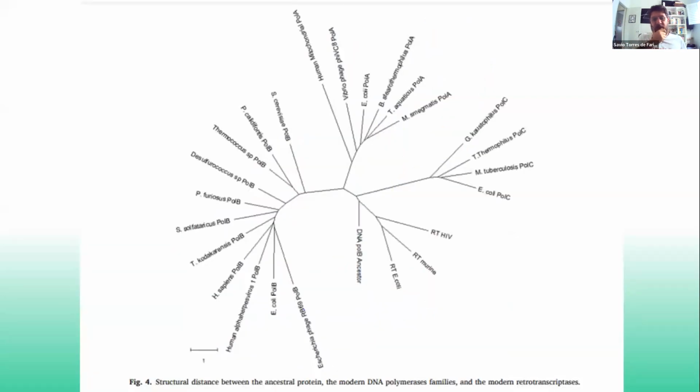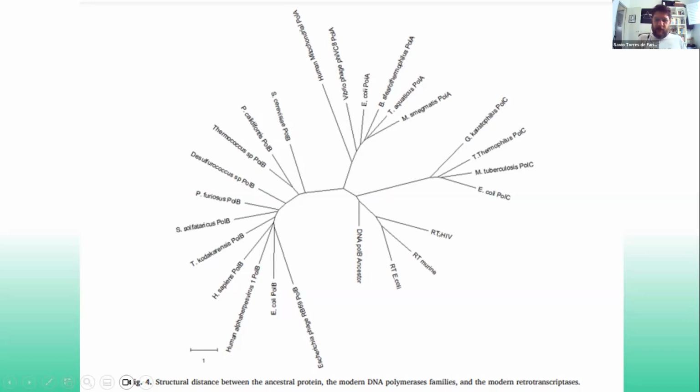And we also did a structural tree, and to our surprise, here you can see the DNA polymerase ancestor.